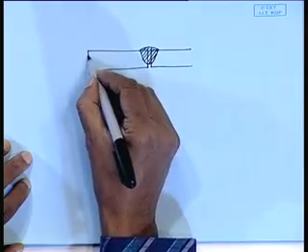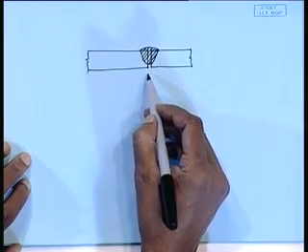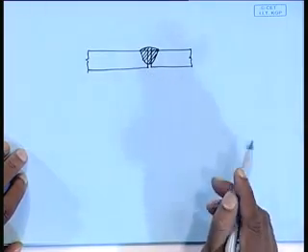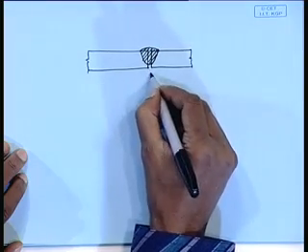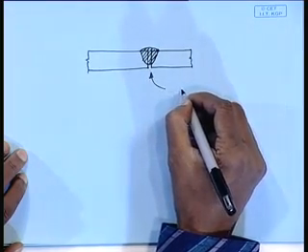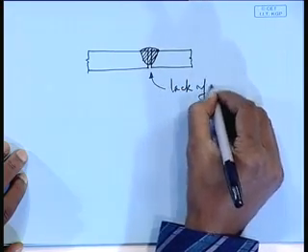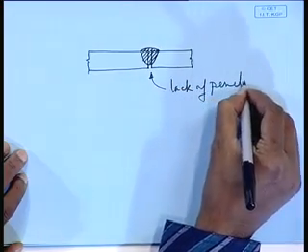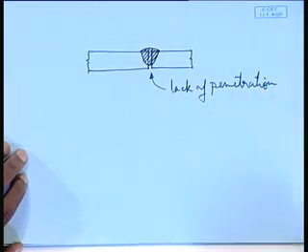That means the deposited metal did not penetrate through the thickness, and there is a lack of penetration at the root. Root deposition hasn't taken place. So, this obviously is not acceptable.